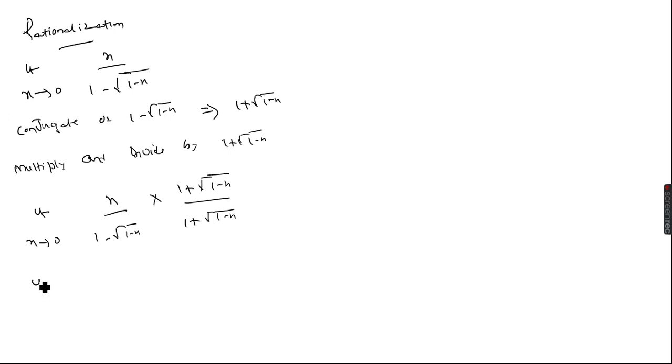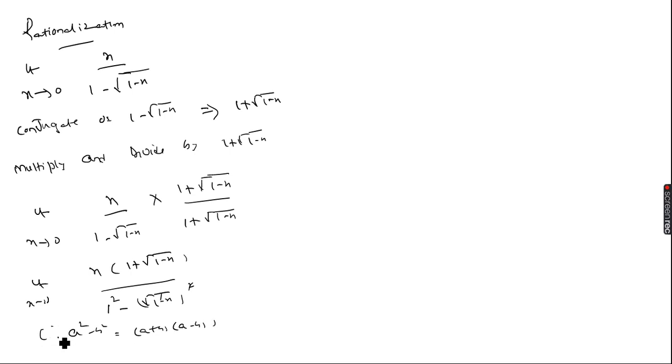So this is nothing but limit x tends to 0, x into 1 plus root of 1 minus x by, so this form is a plus b into a minus b, nothing but a square minus b square. What is the form? A square minus b square, that is nothing but a plus b into a minus b, the original form.